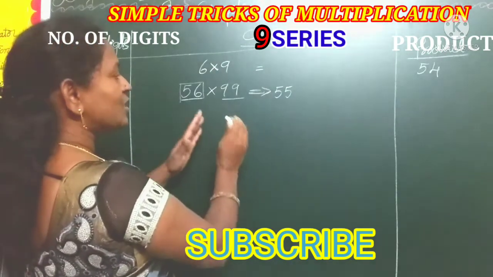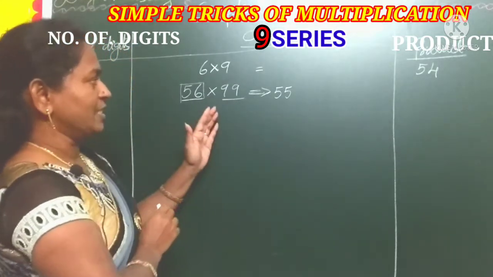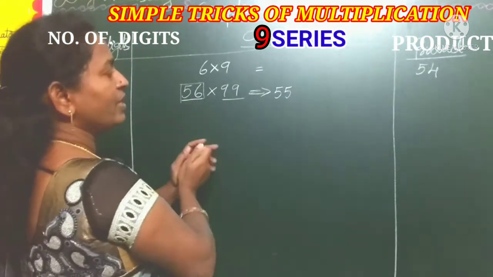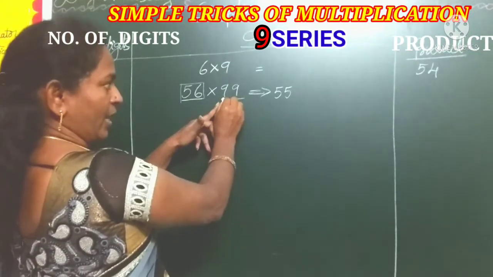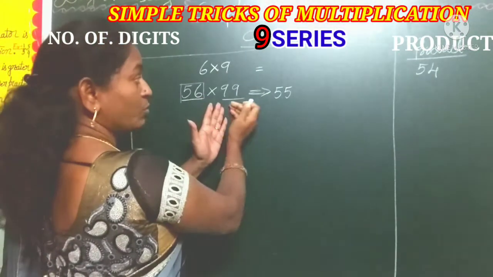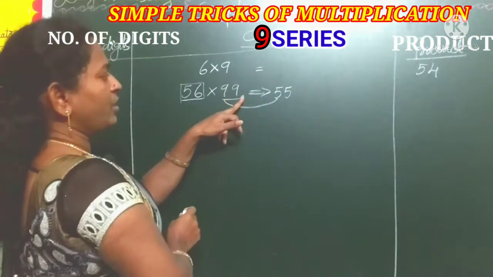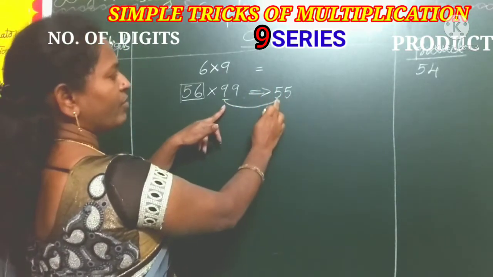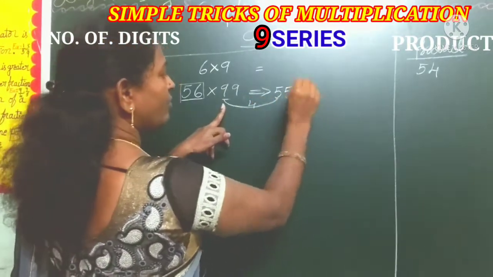First, the difference of the digits. The difference of 99 and 55 we can write now. We start with the leftmost places. The difference of 9 and 5 is 4, so here you write 4.